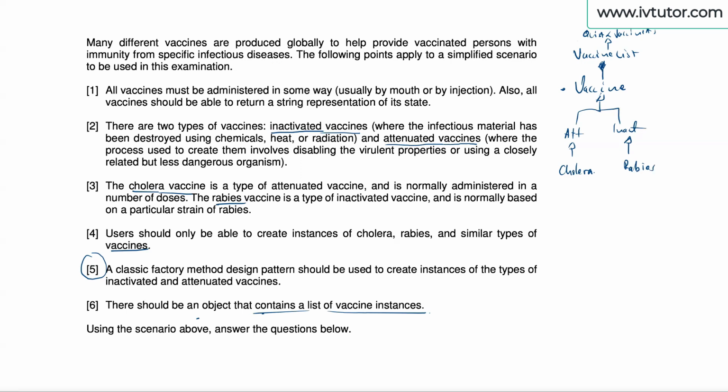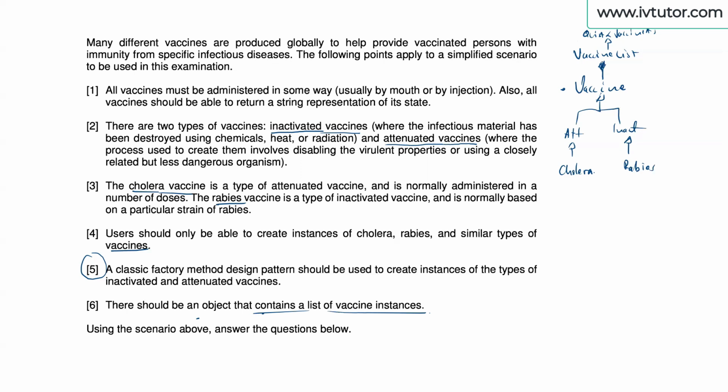Okay. If we look at question one, it simply wants you to draw a UML class diagram for this given scenario, and you've got 18 marks. They wanted you to show what data will be passed between objects, constructors, accessor methods.